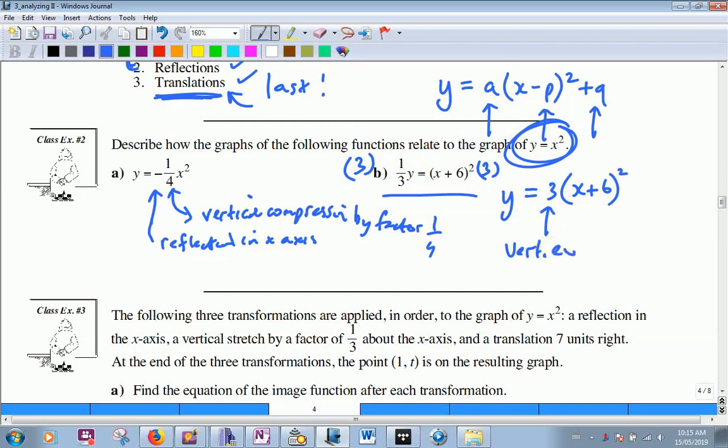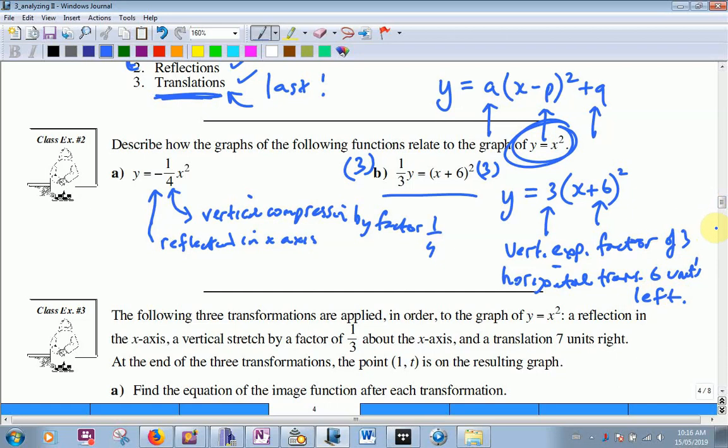It's a vertical expansion by a factor of 3. And what does a 6 do in the brackets? That's P, that's a horizontal translation, 6 units. Which way? Yeah, in the negative direction because it looks like a +6.